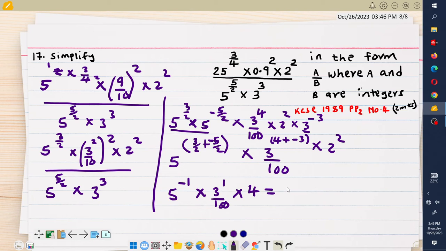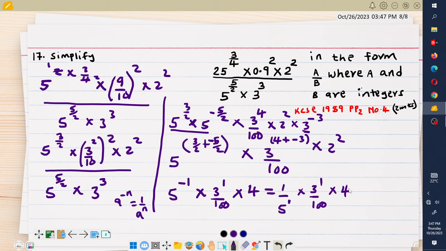Remember, a to the power of negative n is the same as 1 over a to the power of n. That's why this one is the same as saying 1 over 5 to the power of 1. I've just taken it to the denominator. So then times of course 3 to the power of 1 over 100, then multiplied by 4.